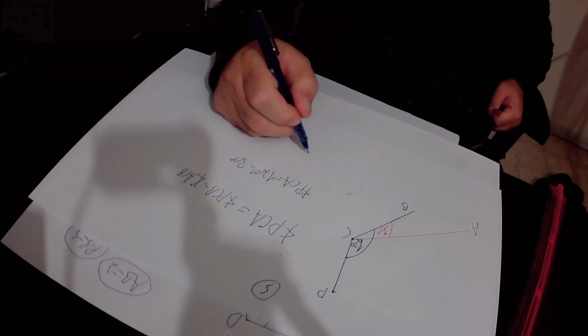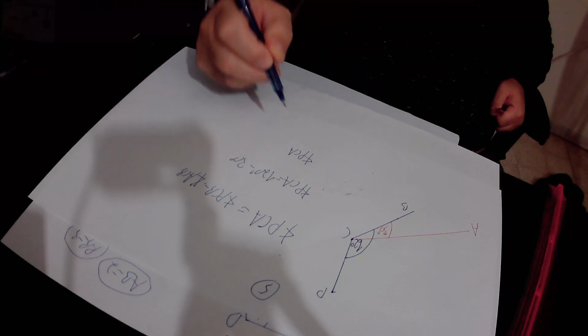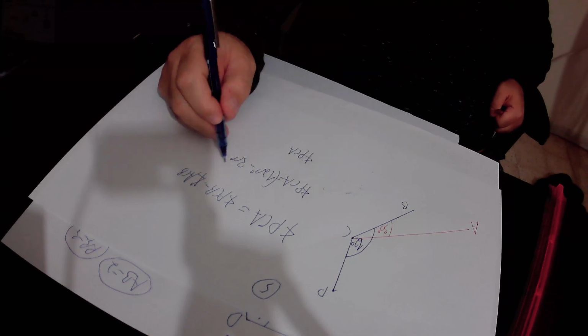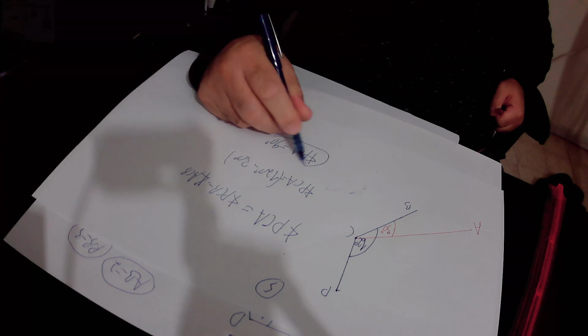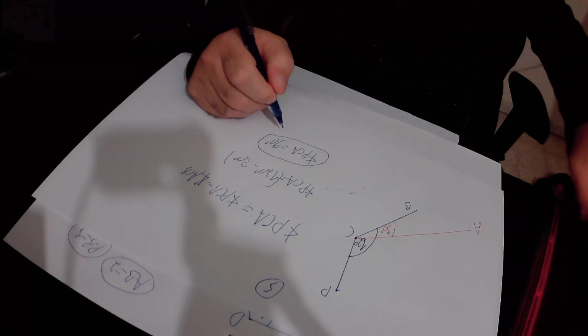So we found out that the missing angle PCA equals 120 degrees minus 30 degrees, it is 90 degrees. So the missing angle PCA is a right angle, it is equal to 90 degrees.